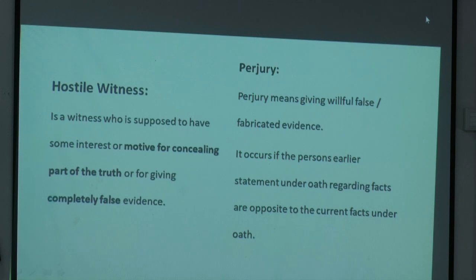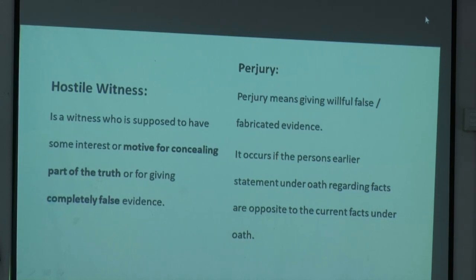Because when there is no evidence, the case already gets dismissed. So this is the definition of hostile evidence. Perjury means willfully giving false evidence. Once he has given evidence under oath, next time he goes and changes that same evidence under oath. That is perjury.